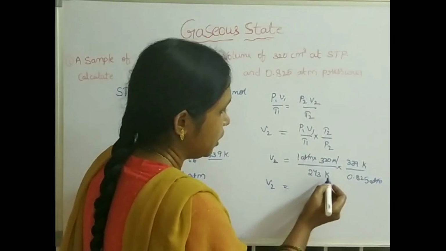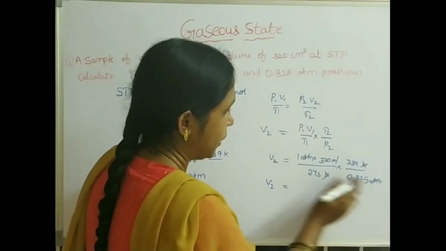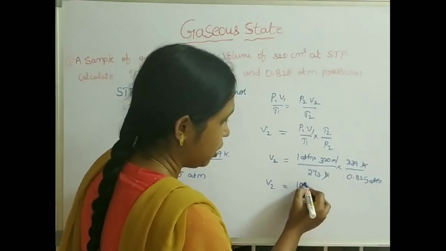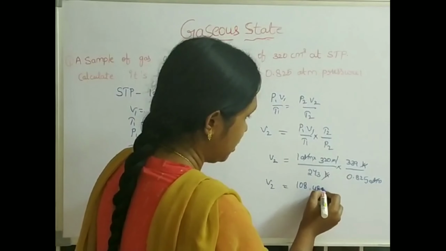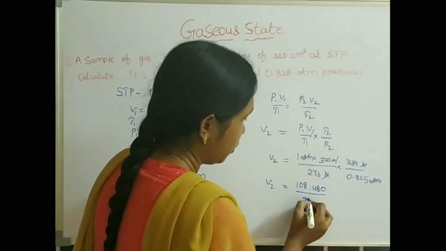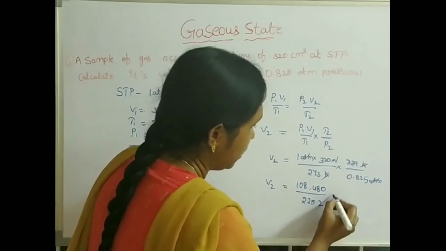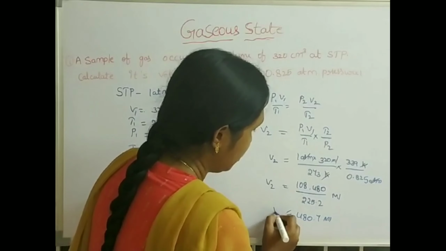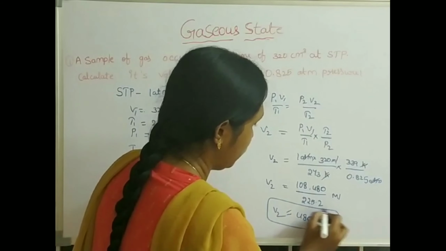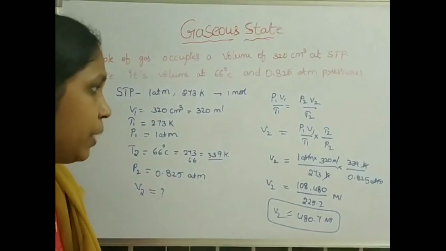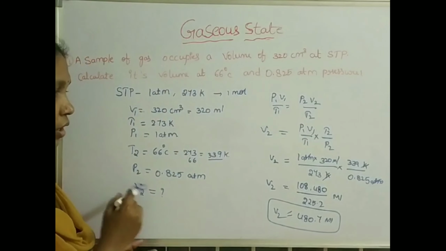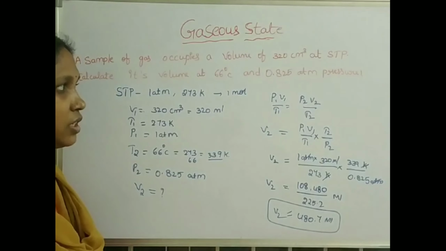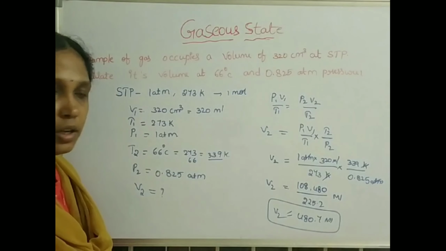Here Kelvin cancels, atmosphere cancels, ml remains. So 320 into 339 is 108,480, divided by 225.2, that equals 480.7 ml. So V2 is equal to 480.7 ml. Like this, we can calculate any one of these three factors by changing another one.